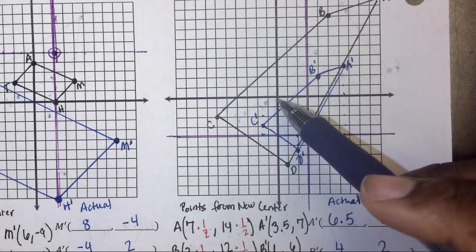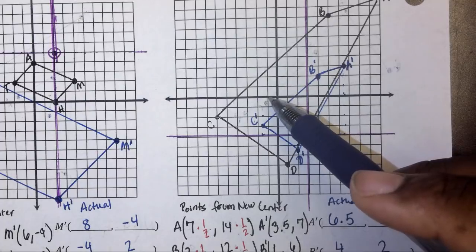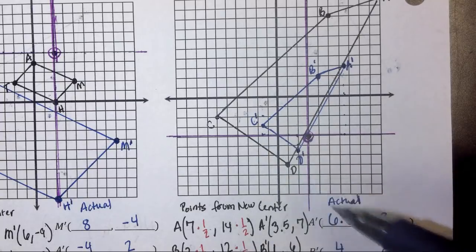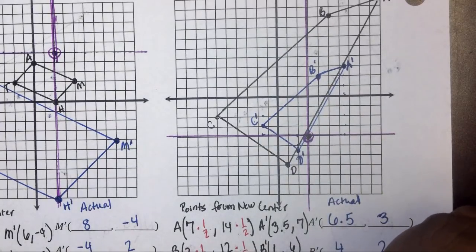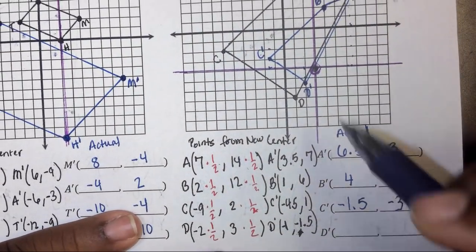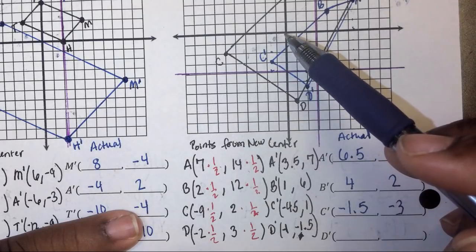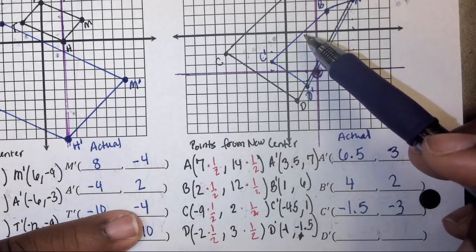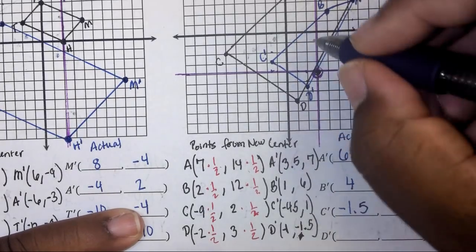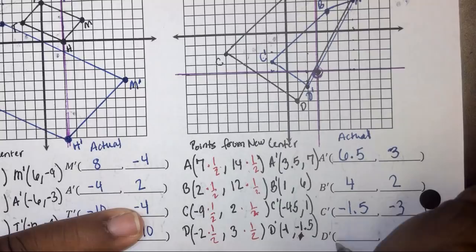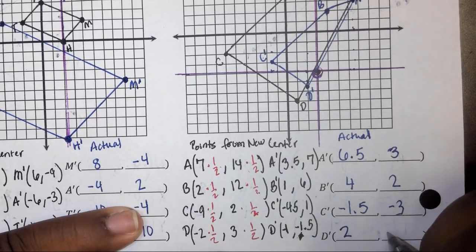C prime is going to be at (-1.5, -3). And the last one, D prime, from (0, 0), is going to be to the right 1, 2, down 1, 2, 3, 4, 5.5. So (2, -5.5).